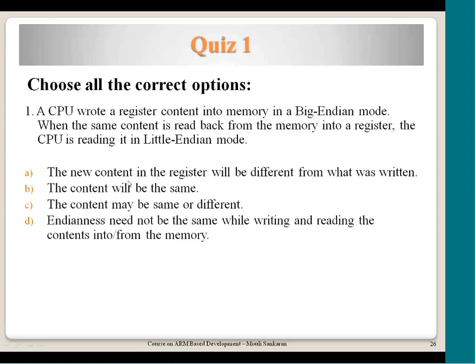Will the new content in the register be different from what was written, or will the content be the same irrespective of the Endianness used, or may it be the same or different, and you are not sure? The fourth option is that the Endianness may not be the same while writing and reading the contents into the memory. Multiple options could be correct. Think for a while and choose one before seeing the correct answer.